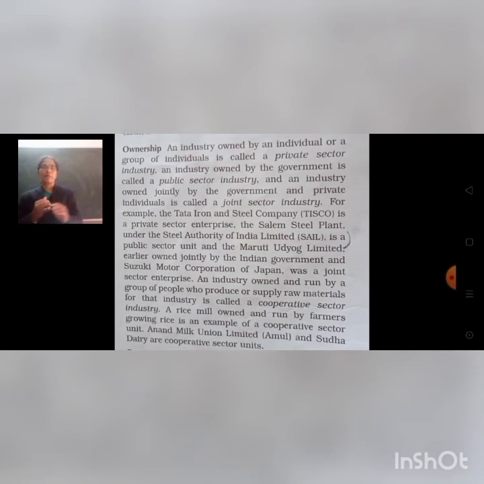See some examples. Tata Iron and Steel Company, otherwise TISCO, is a private sector industry. The Salem Steel Plant under the Steel Authority of India Limited, or SAIL, is a public sector unit.